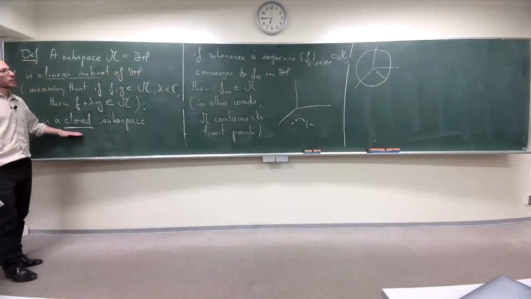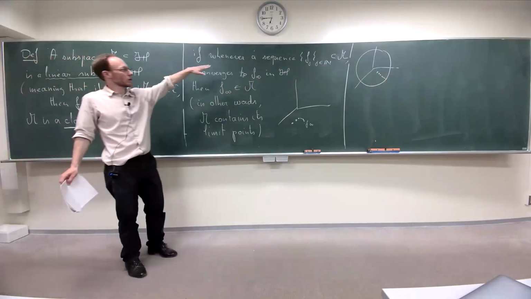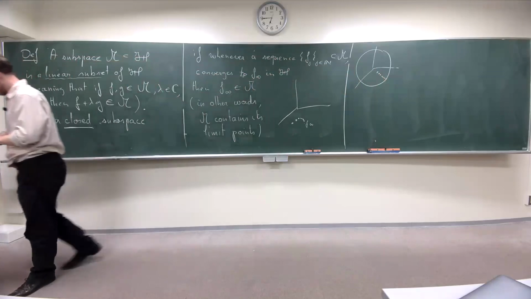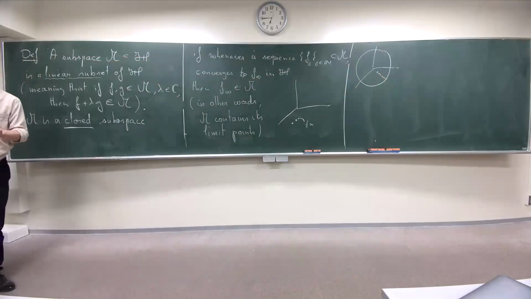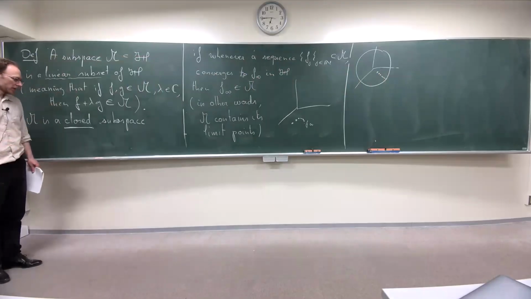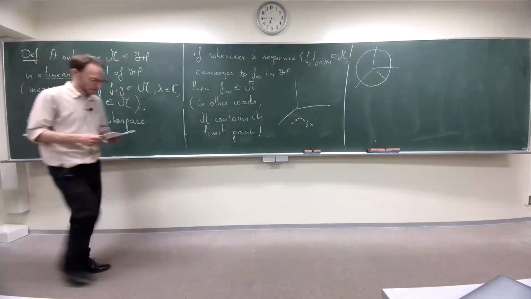A closed subspace is whenever you have a converging sequence, the limit is inside the set. So try always to keep in mind a few examples, even if we are dealing with infinite subspaces or infinite Hilbert spaces.